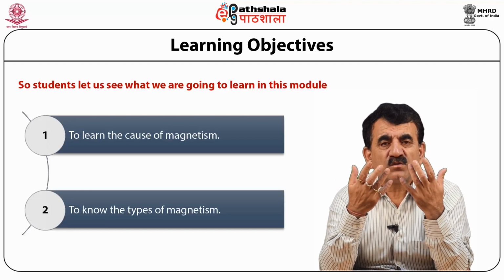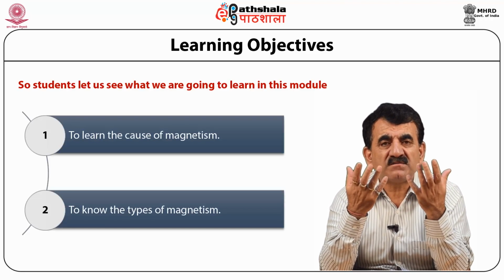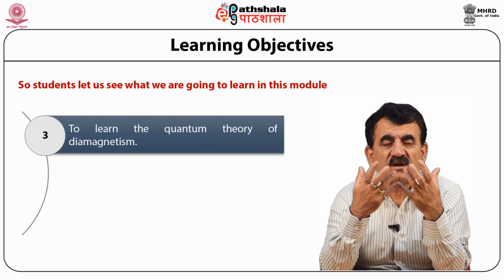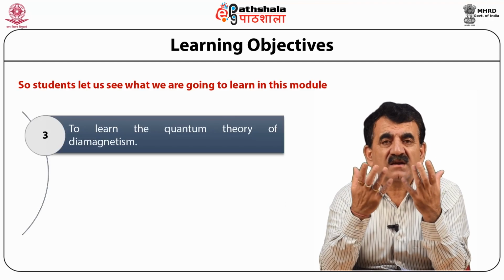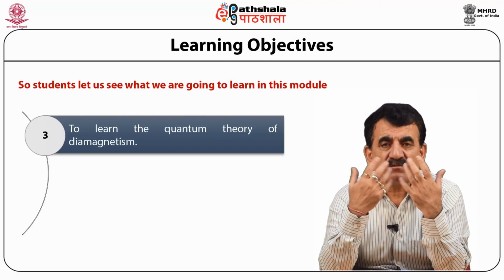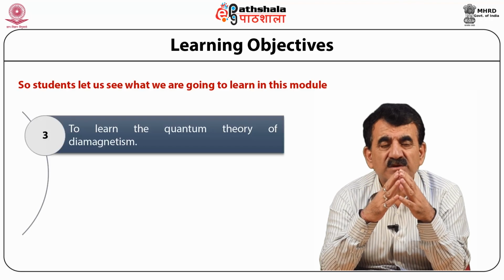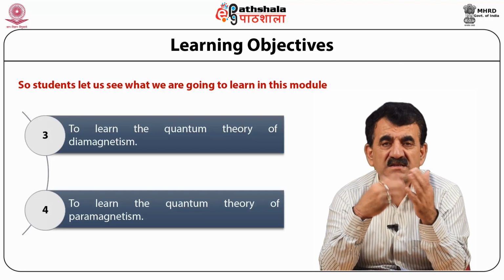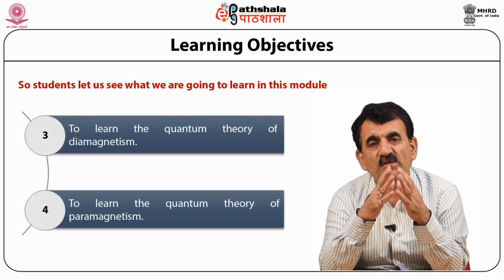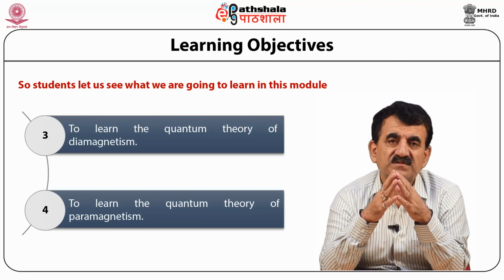Then we will learn the types of magnetism, the classical theory of diamagnetism and the quantum theory of diamagnetism. We will also learn the classical theory of paramagnetism as well as the quantum theory of paramagnetism.